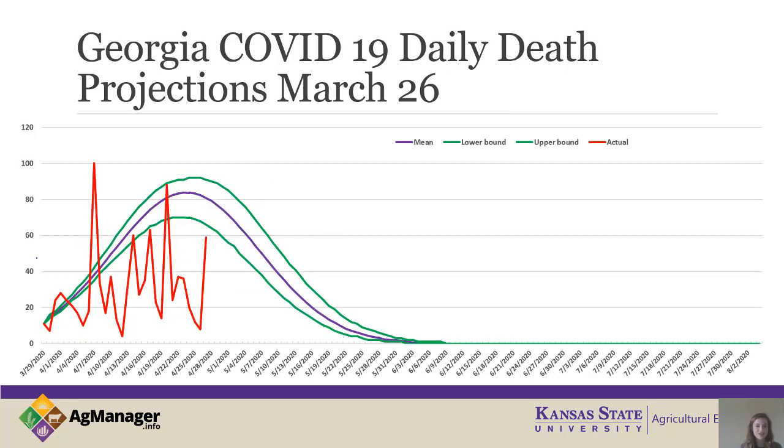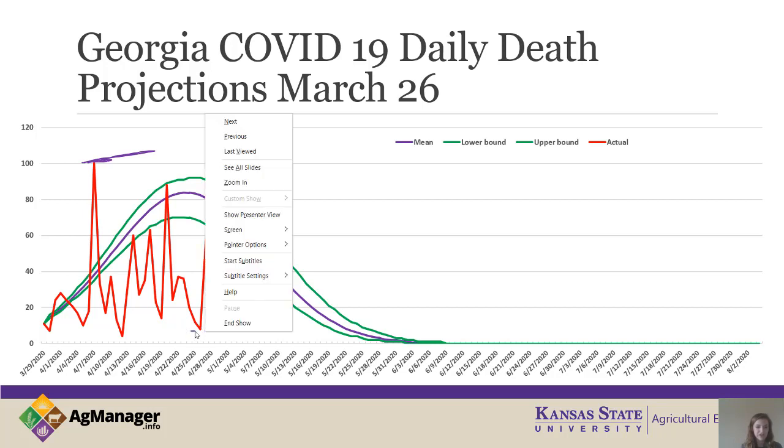Georgia has also been a state that's been in the news quite a bit recently because Georgia's beginning to open their state now. We're seeing some non-essential businesses go back with pretty minimal restrictions. So it's interesting to look at how the actual data has tracked here in terms of the mean predicted for Georgia on March 26th. We've seen a significant amount of variance, really the high up here being around 100 and the low maybe close to 5 to 10.